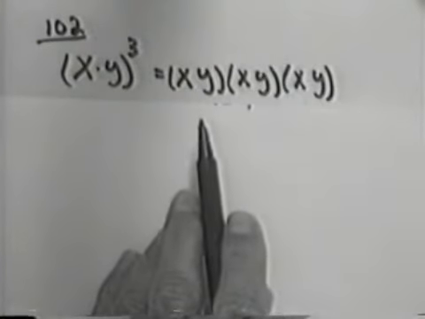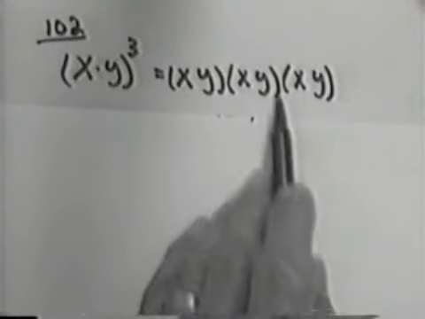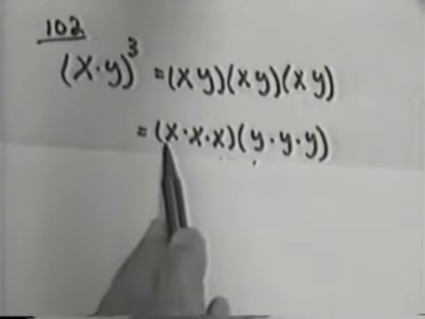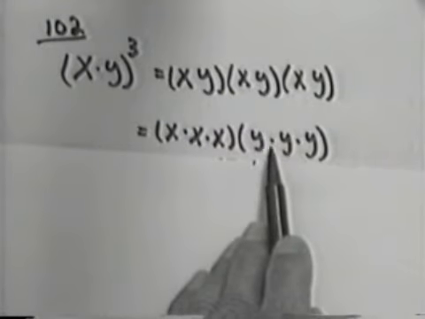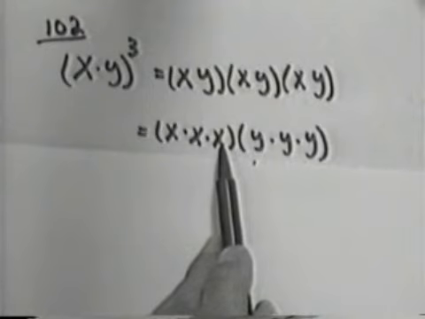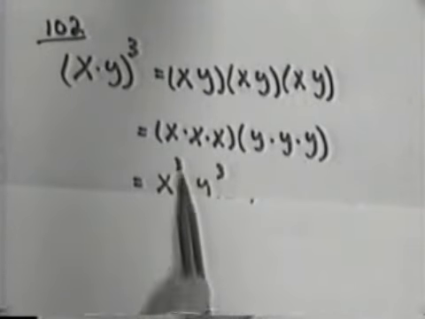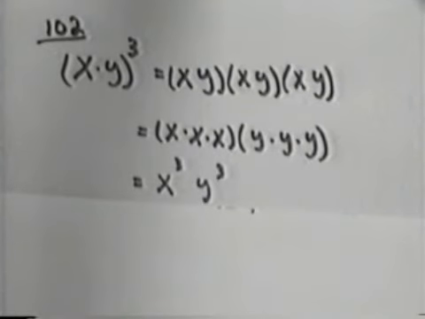Using the associative and the commutative properties of multiplication, I can group and put my x's together and put my y's together to get x times x times x times y times y times y. If I have x used as a factor of 3 times, that's the same as x cubed. Y used as a factor of 3 times is the same as y cubed.